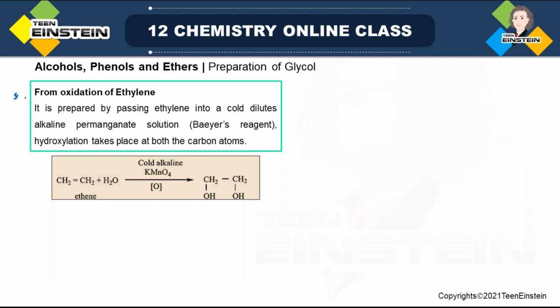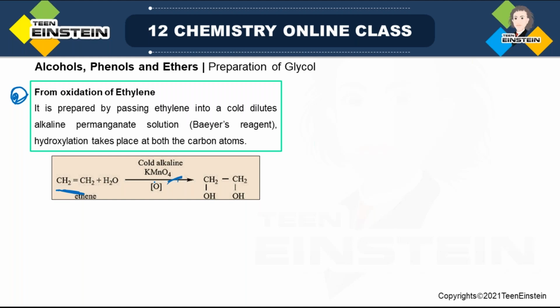Second method, from oxidation of ethylene. Now directly you can oxidize this ethylene molecule by cold alkaline KMnO4. Remember, we use this reaction for identification of whether any CC double bond, that is unsaturation, is present or not.